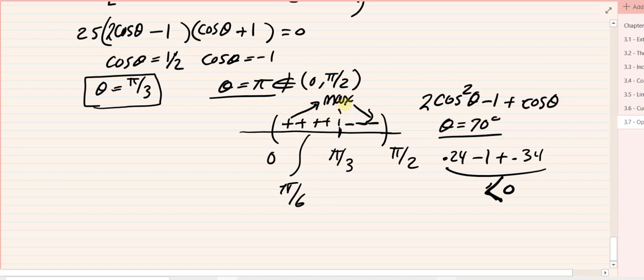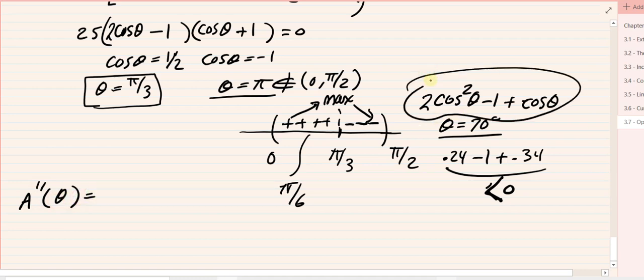Now, here's how I can actually get around this, where we don't have to do this. Let's do our second derivative for this one. Okay, so remember our first derivative, I have it here. That's what our first derivative is. Of course, it had a 25 in front of it, right? So our second derivative is going to be 25.